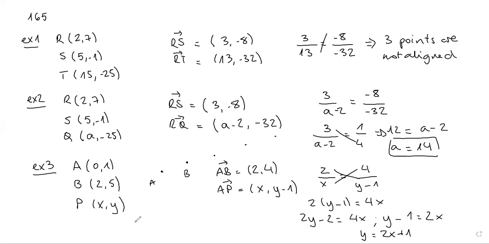So what's this point that I need to calculate? Well, x will be x, but y has to be something that is 2x plus 1. And that's exercise number 3. Now I continue doing exercise number 4.